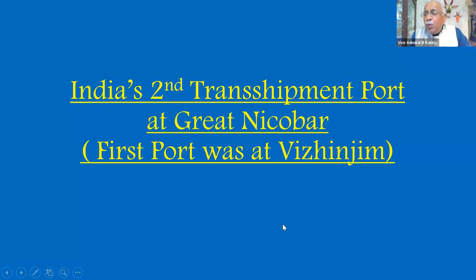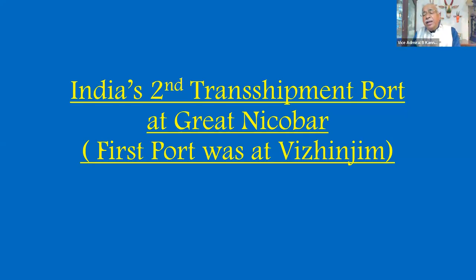Just for the benefit of people who want to know what a transshipment port is: a transshipment port is a port where a ship, normally a big ship, comes and leaves the containers which are meant for delivery to Indian consumers or Indian customers. It is left there and the ship goes back. When it goes back, it also picks up the containers which are waiting there, which are carrying the exports of India to other countries.